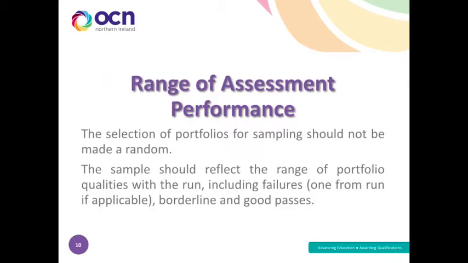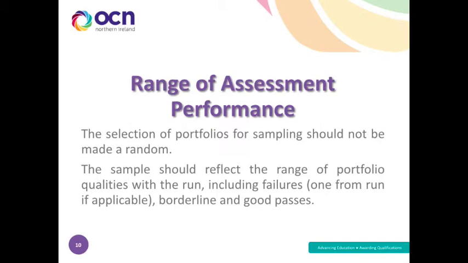Now, within that 5, we want the selection to be structured. For many centres and historically, sampling has been done on a random basis. Therefore, portfolios have been selected without any due consideration to any content or outcomes.